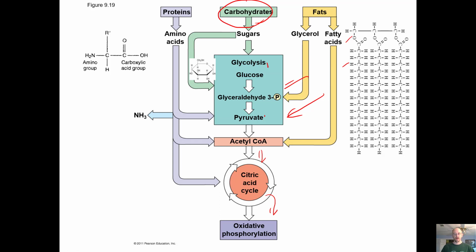Like proteins, for example, will enter in different phases. The amino group will actually be peed out as urea. Parts of them will enter in here, here, and here. And fats, this part right here will be burned up if you're doing aerobic exercise. But if you're not doing aerobic exercise, these big fatty acid tails won't get broken down.